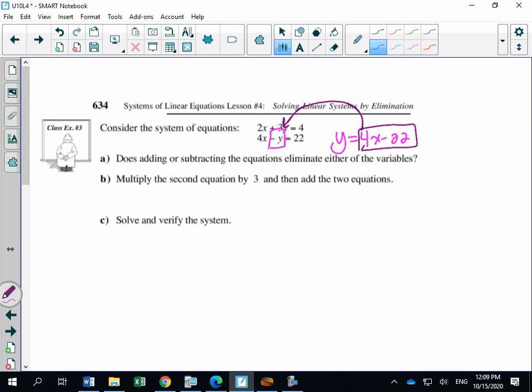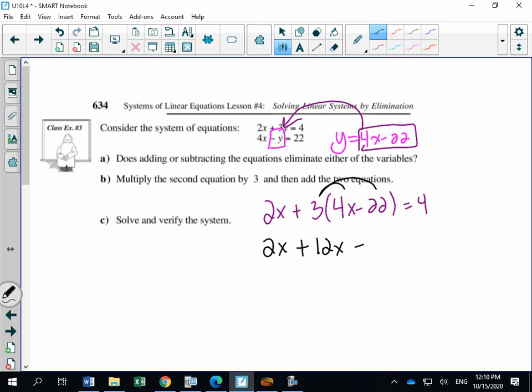Yep, so let's solve this, pretending we're doing substitution. So we would have 2x plus 3 times y, which is 4x minus 22, is equal to 4. Okay, because some of you might choose to do this question by substitution. So we would get 2x plus 12x minus 66 is equal to 4.